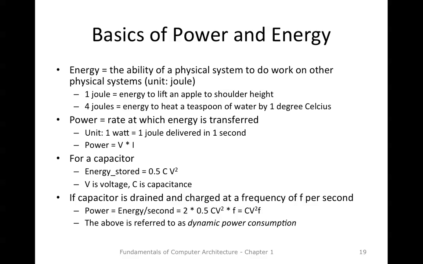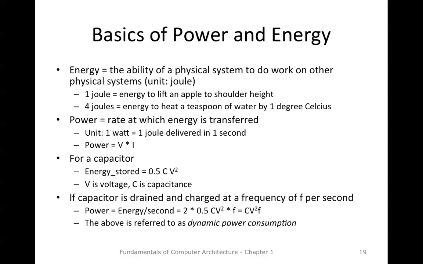Energy essentially is the ability of a physical system to do work on other physical systems. The standard unit for energy is joule. To give you some idea, 1 joule is the amount of energy needed to lift an apple from your hand to a shoulder height, or 4 joules is roughly the energy needed to heat a teaspoon of water by 1 degree Celsius.